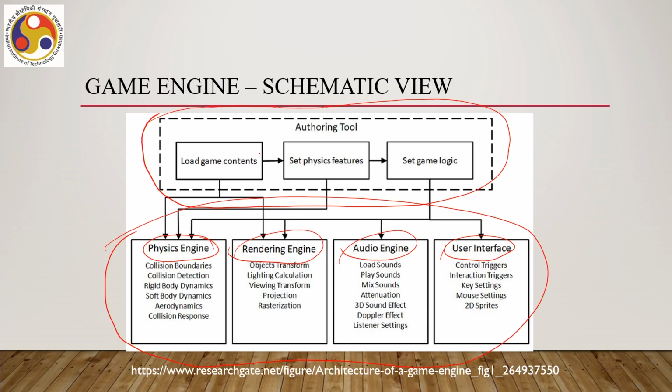So, the authoring tool may provide loading options, various feature setting options and logic setting options. Sometimes this logic setting can be done through scripting, which can be part of a game engine development environment. In fact, the entire authoring tool can be part of a development environment comprising of the game engine plus the other components. An example is Unity 3D development environment or Unity Hub.